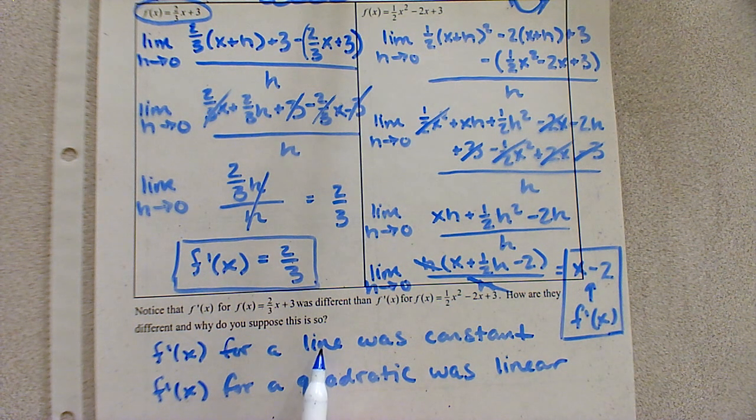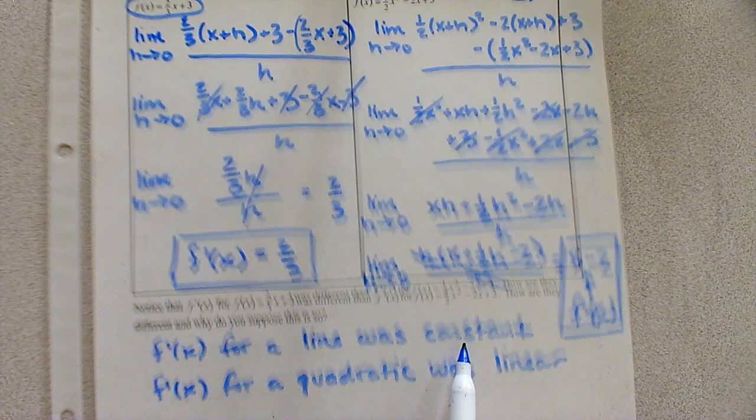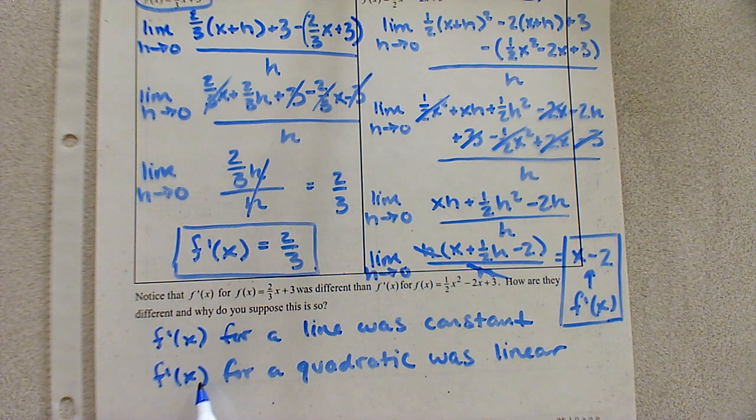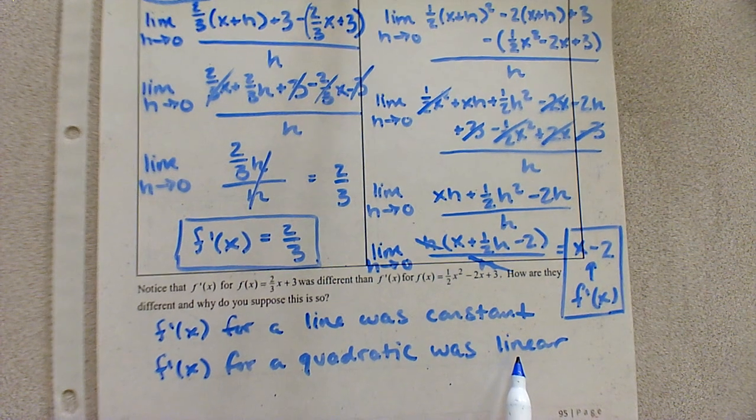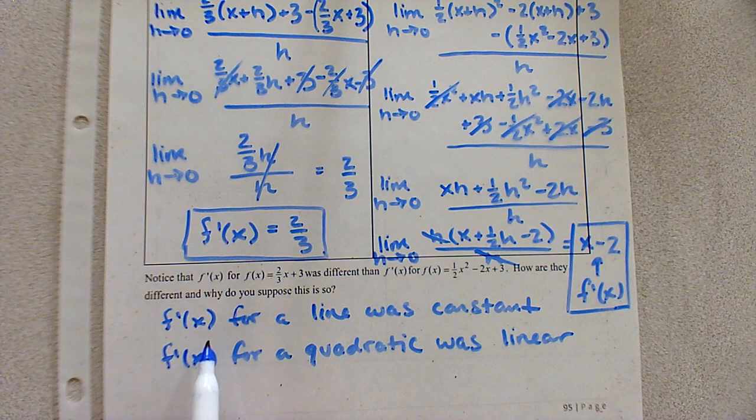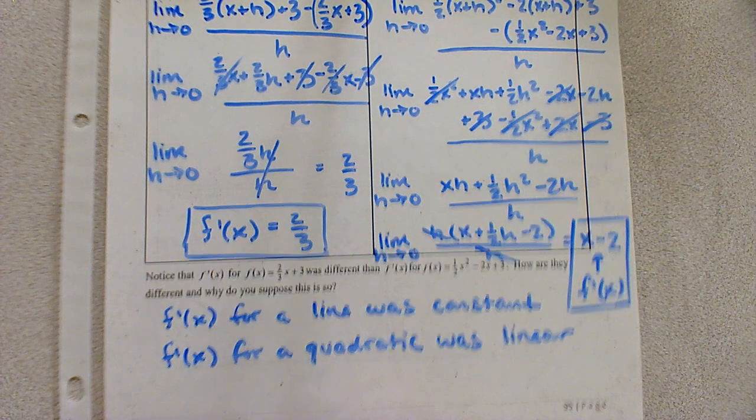If a line has a degree of 1, an x to the first, notice how the derivative is constant, meaning it has a degree of 0. There's no x left. And then for the next one, if we start with a quadratic, which is a power of 2, notice how the derivative was linear. It has a power or a degree of 1. So it seems that we have this pattern here where the derivative is 1 less degree than the original function.